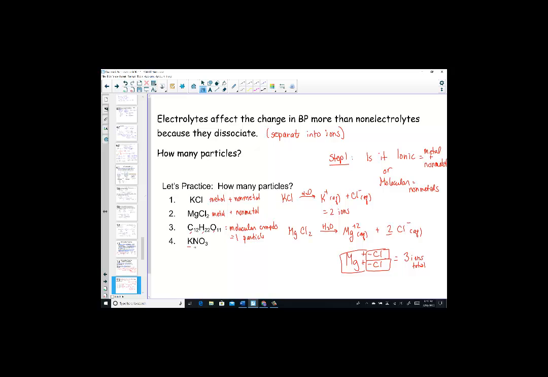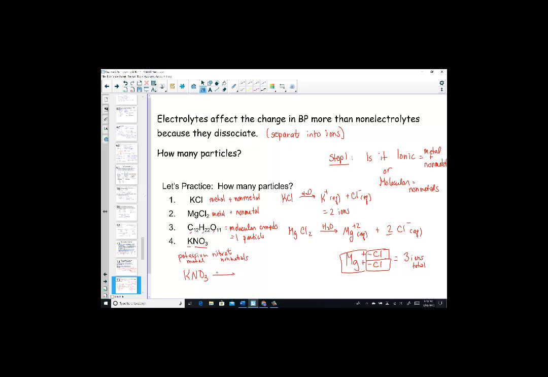Here we have potassium nitrate. Hear that polyatomic sound? The polyatomic ion known as nitrate. Potassium nitrate is an ionic compound. We have a metal hooked to nonmetals in a polyatomic ion charge.